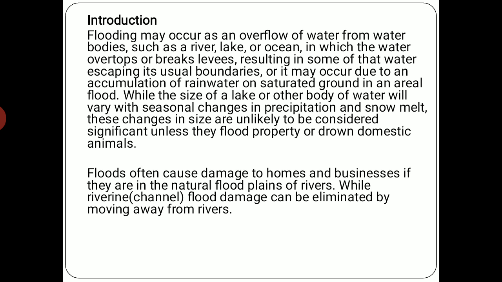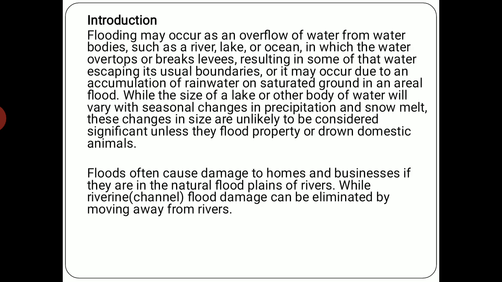That means wherever the overflow of water is there, maybe from any of the water bodies, or the outflow of the water to any of the dry land nearby, that is what is known as floods, right?